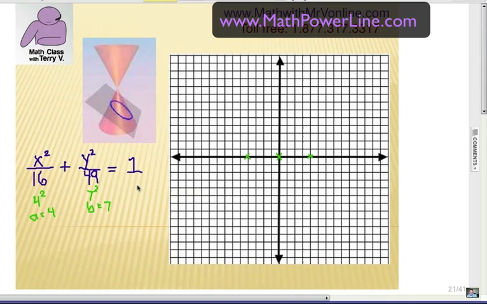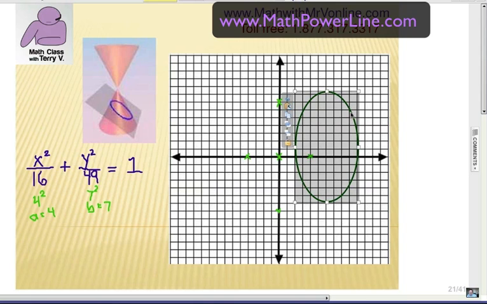And because 7 going up is taller, this a here is going to be your minor axis, and the major axis is going to go up and down 7. So right there and right there. All right, let's draw an ellipse and get that all figured out.